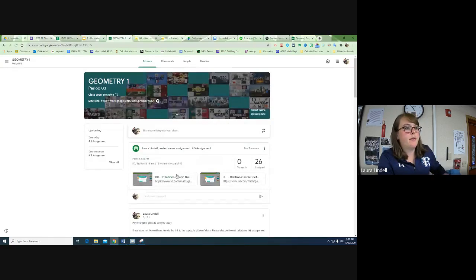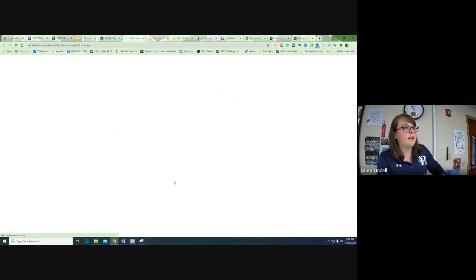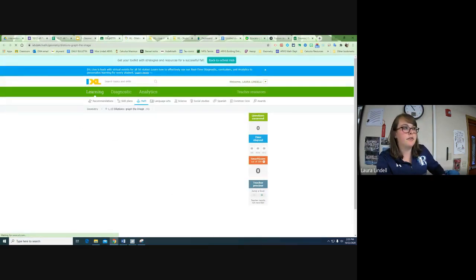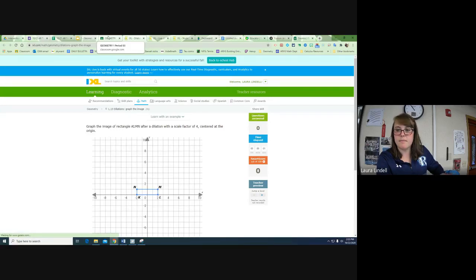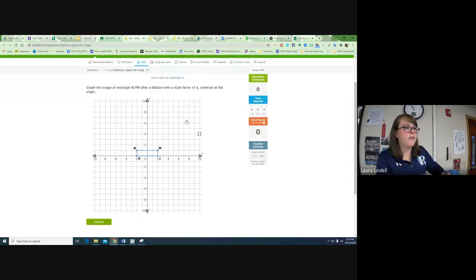Okay, so today we have dilations with graphing and dilations determining the scale factor. So for this first one, it says graph with a dilation with a scale factor of 4 centered at the origin. So that means I'm going to be multiplying all of my coordinates by 4.